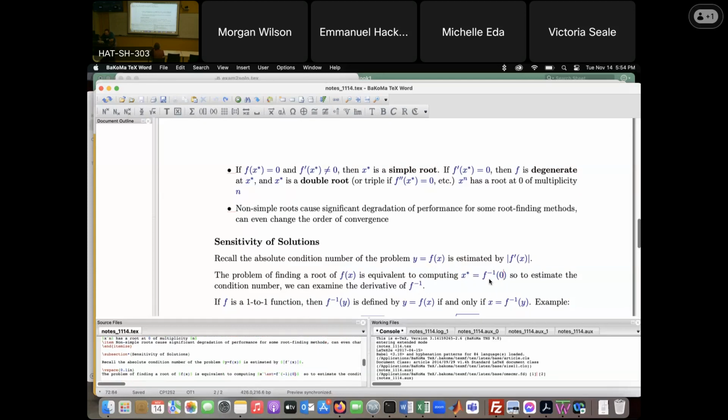If the derivative at the root is non-zero, the inverse locally does exist, guaranteed by the inverse function theorem. So, if we want to know the condition number of this problem of finding the root of f, we need the derivative, but not of f. We need the derivative of f inverse.